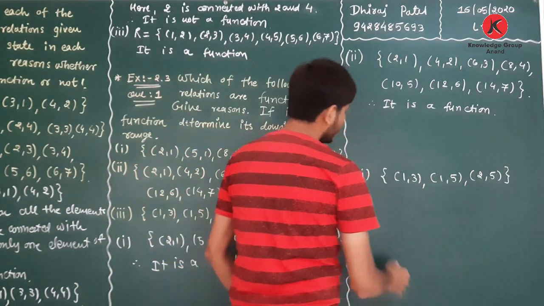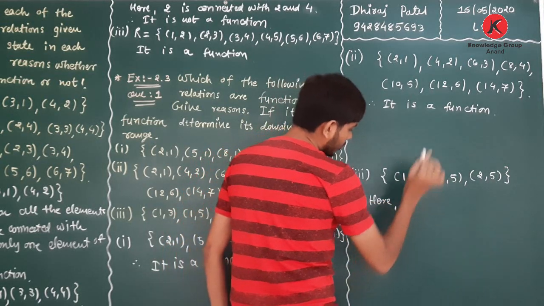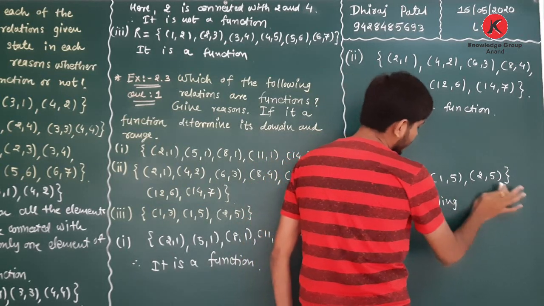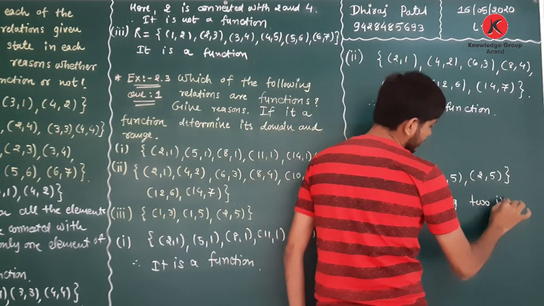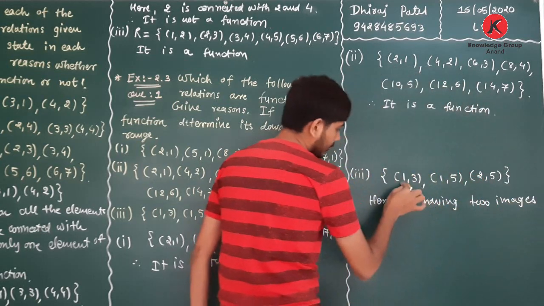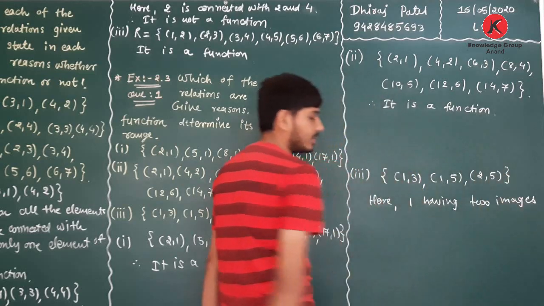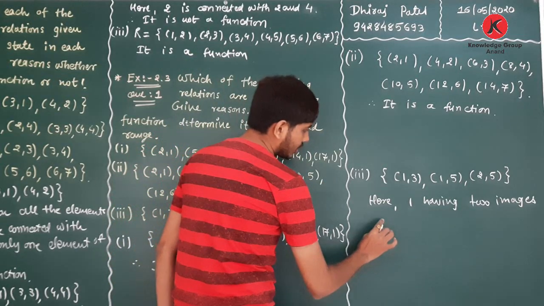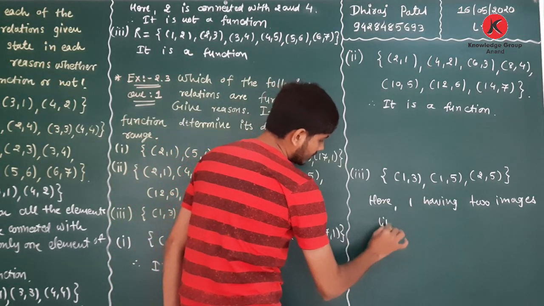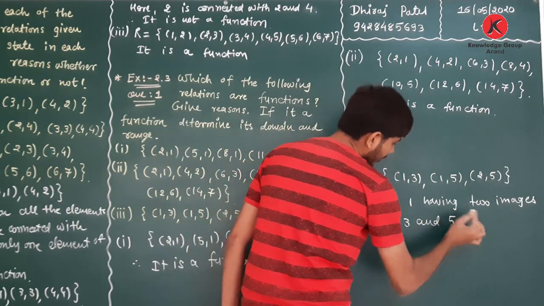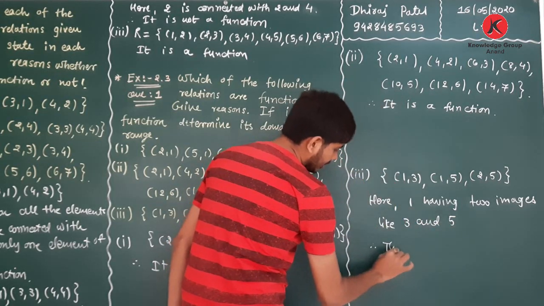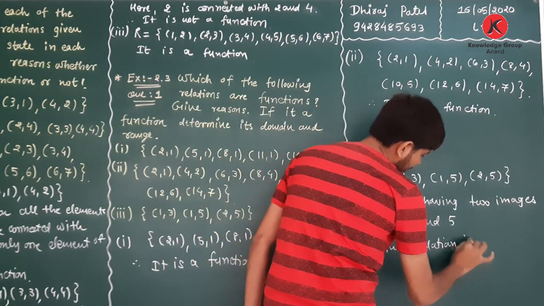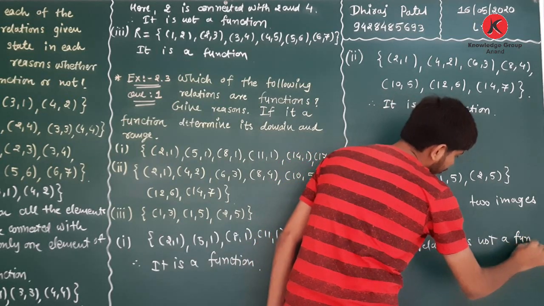And write the reason: 1 has two images. 1 is connected with two elements. One image of 1 is 3, and the second image is 5. Therefore we can say that 1 has two images, 3 and 5. Therefore this relation is not a function.